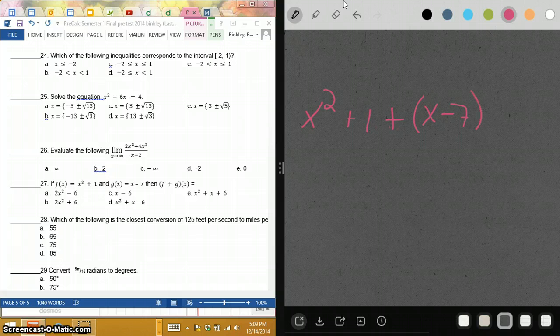And since I'm adding, it doesn't change any of my signs, so I can just write x squared plus 1 plus x minus 7. And I can add all my like terms, plus 1 plus negative 7 is negative 6, or just minus 6. And in this case, it's minus 6. So 27 is D.